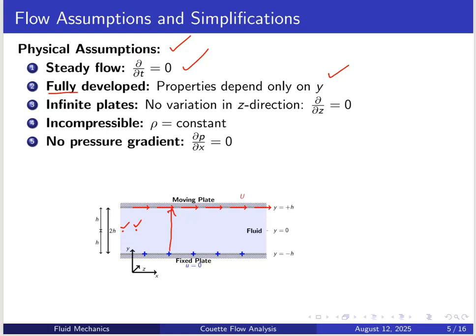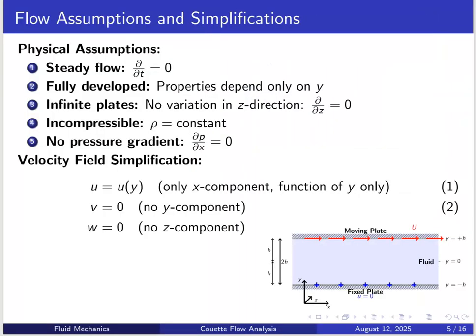So properties depend only on y, that's why Vx is a function of y. And the plate is infinite, so no variation in the z direction, dou by dou z is equal to 0. Incompressible fluid, so rho is constant, and no pressure gradient, dou p by dou x is equal to 0.